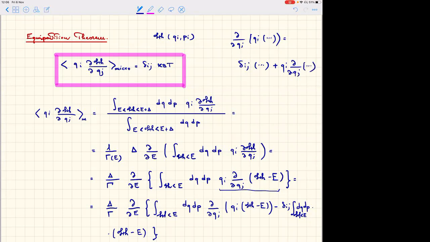This something is H minus E. So you see that I want to compute the integral of this, but it is equal to the integral of this total derivative minus this other term. You see? This is what I wrote here.